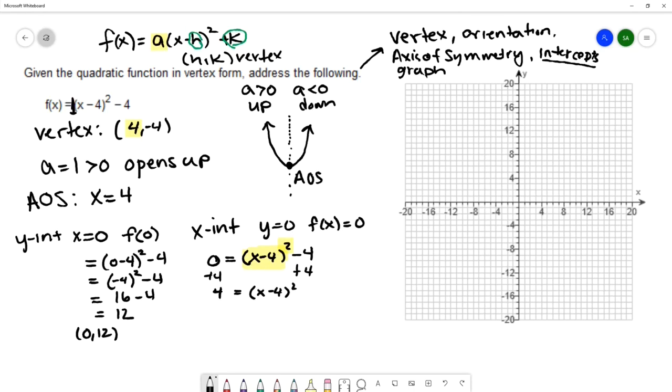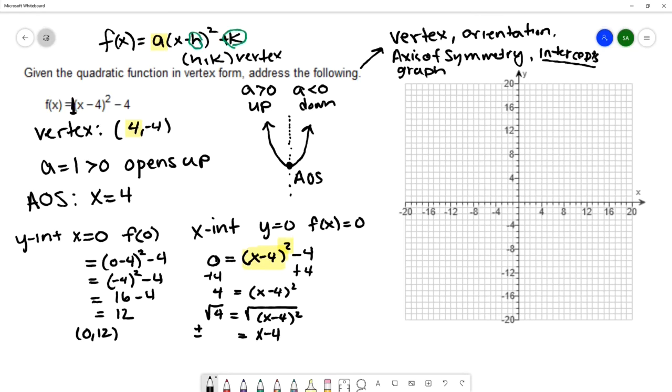Once I isolate the square, I'm going to square root both sides to get rid of the square. The square root and the square are opposite operations and they cancel each other out. But whenever I square root a square, I gain this plus or minus symbol on the other side of the equation.